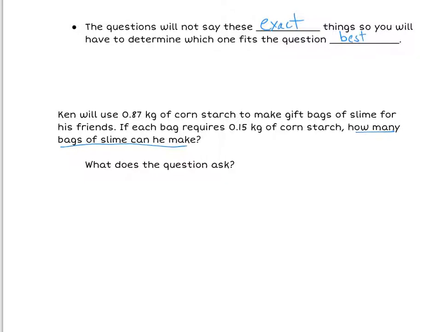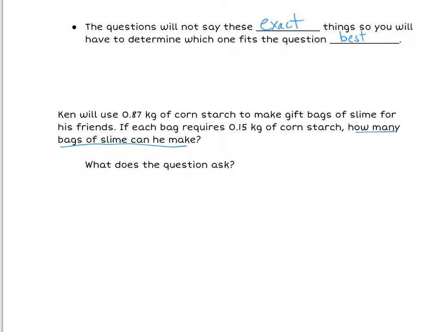So if you get an answer of 2.3, can he make 2 bags of slime? Yes, he can. Can he make 3 bags of slime? No, he can't because he'll only make 2.3. He can't make that third bag. He doesn't have enough stuff to make it. I'm using an example, Zach.